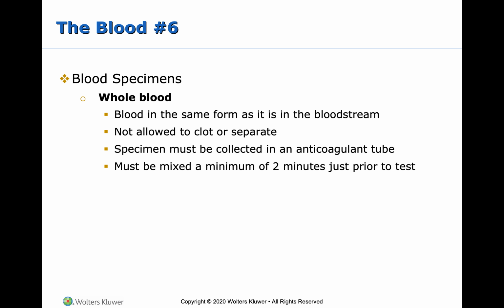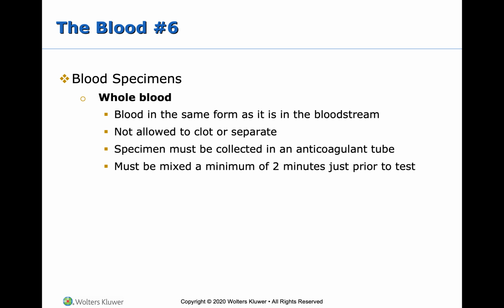So why do we not want to spin the whole blood specimen down? Like I said before, if we were to spin the whole blood specimen down, you would end up with plasma rather than whole blood. And in hematology, they're looking at the formed elements within the blood. So we don't want to spin those formed elements out of the blood into a big clot at the bottom.